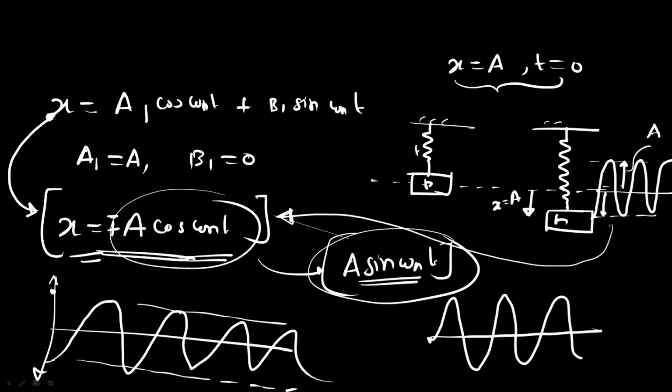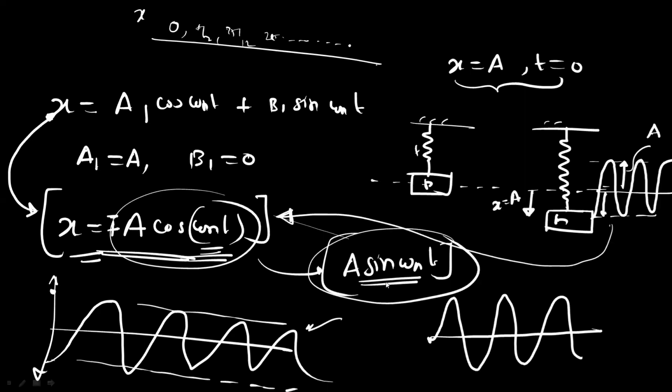Just write this equation, insert it in equation mode, and then take the proper values starting from omega n t: 0, then pi by 2, 3 pi by 2, then 2 pi, and so on. You will get a smooth waveform.